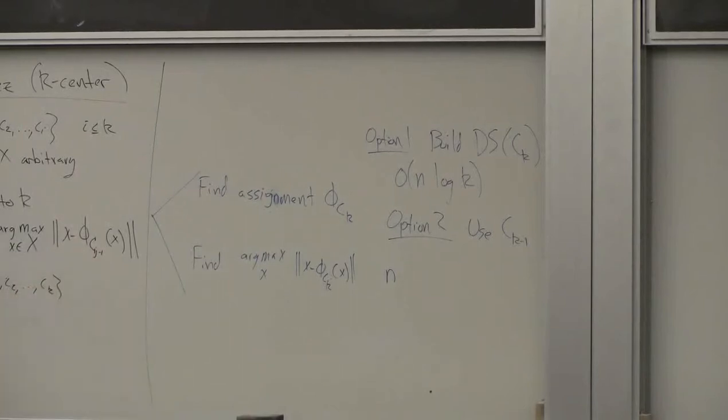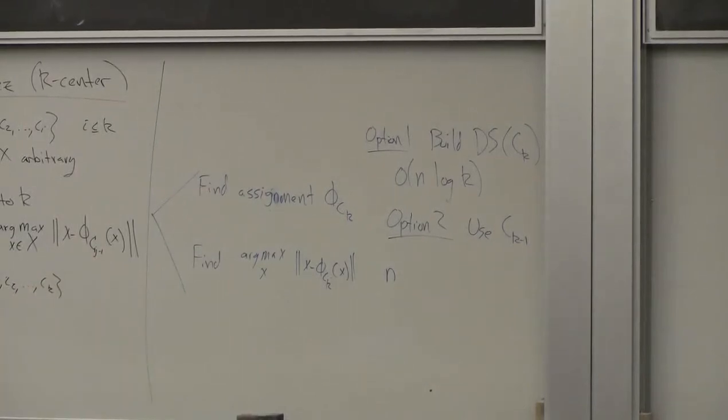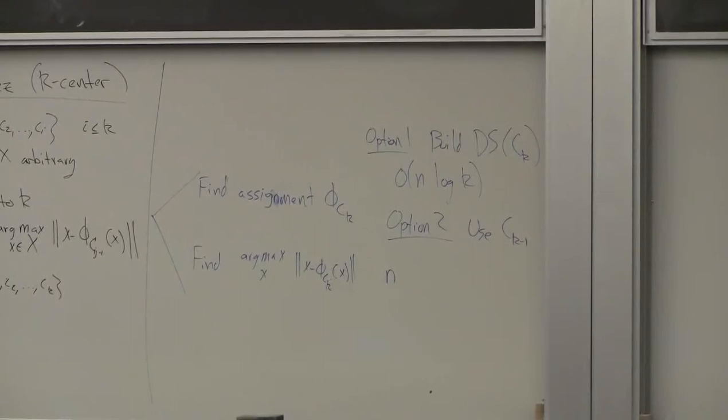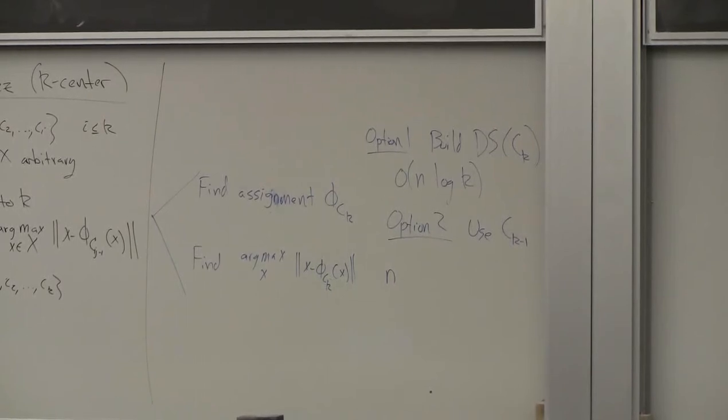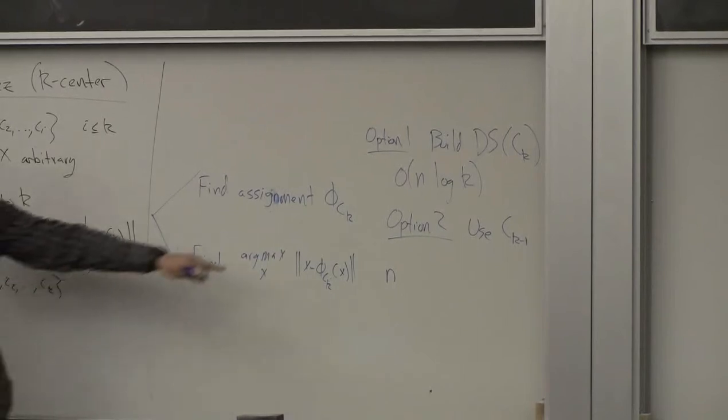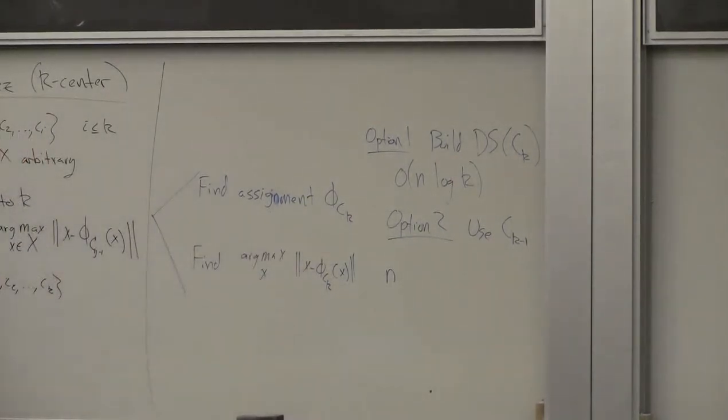Remember, before here, I only had C1 and C2, and I knew this assignment function already, right? So what does that tell me about this point? If I knew this point was assigned to C2, then what's left for me to do to build this new assignment function, where I updated only one center?